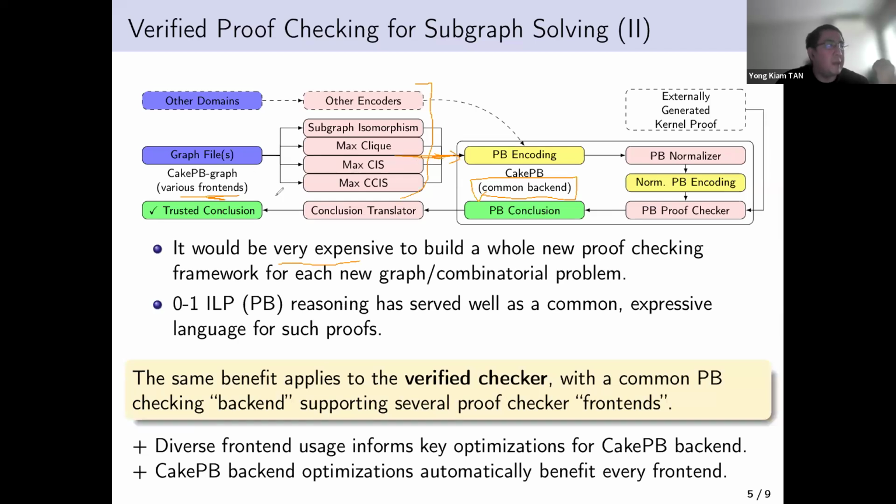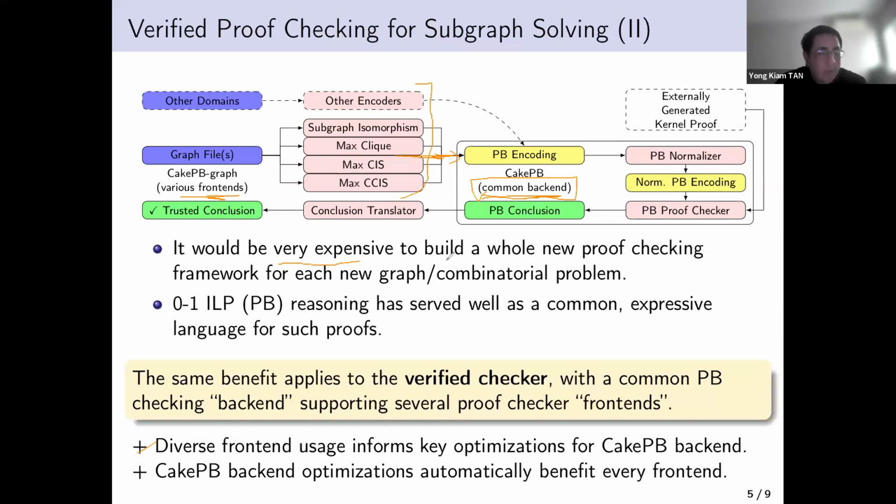And then by piecing together these two pieces, the front end and back end, we automatically get a proof checker for these various problems without having to spend the effort of building the whole pipeline over again for each new front end. So I think this is a benefit that's really shared between using a common proof format for many different combinatorial paradigms.